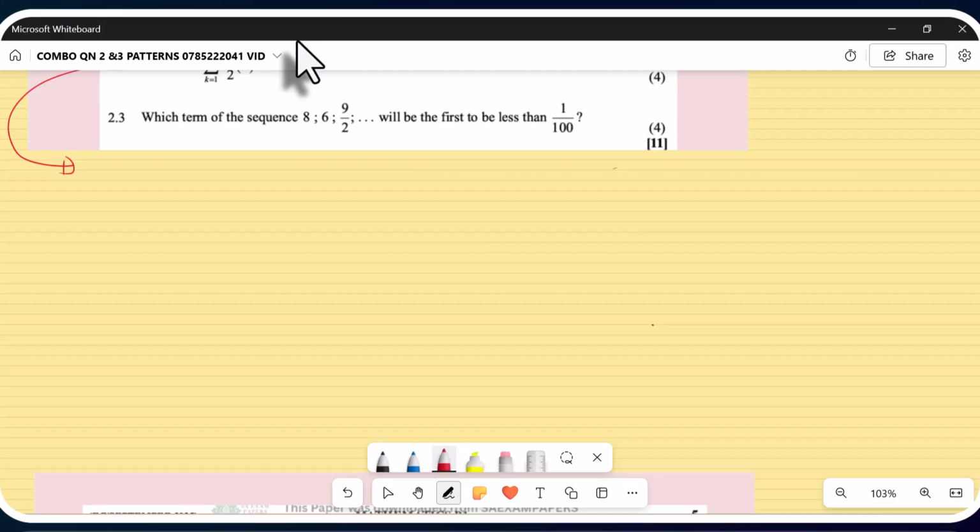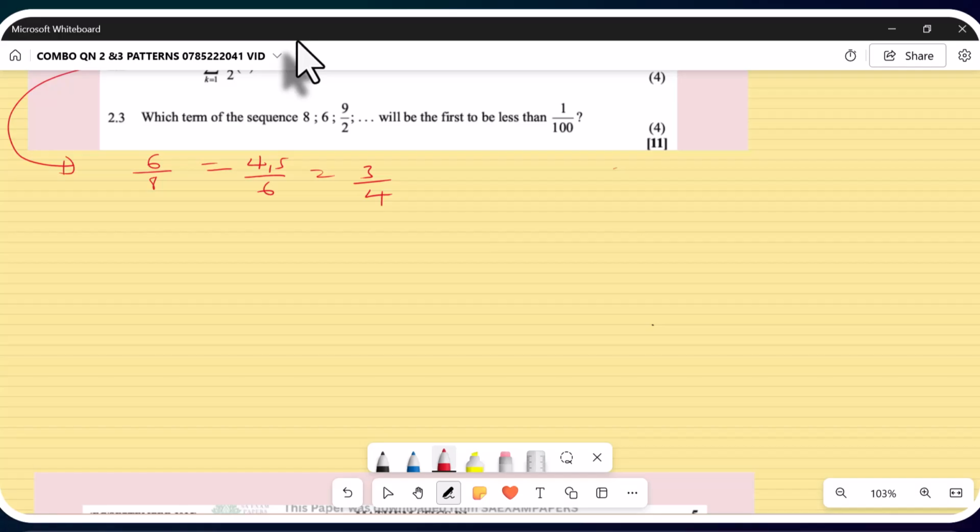If you check 6 divided by 8, that is 3 over 4. T3 is 9 over 2, the same as 4 comma 5, and 4 comma 5 divided by 6 gives the same ratio, which is 3 over 4. So this one is geometric.